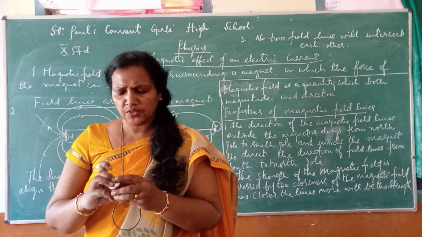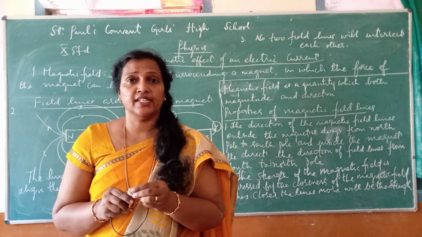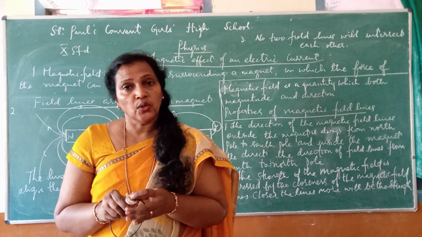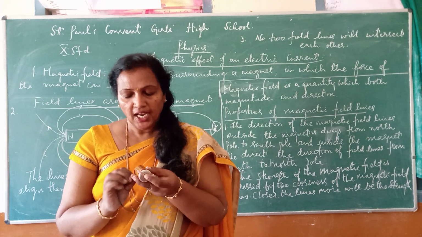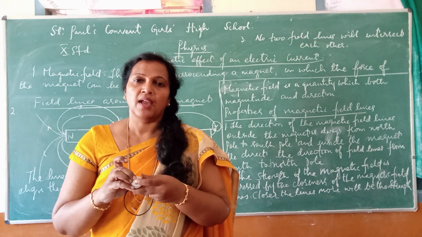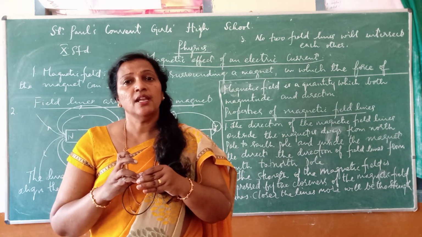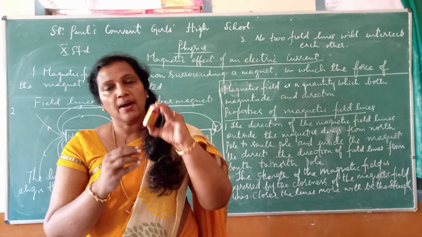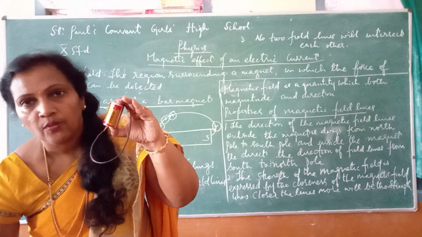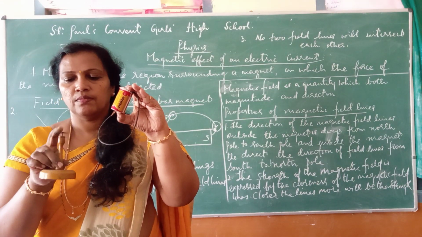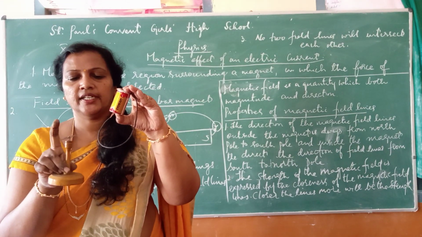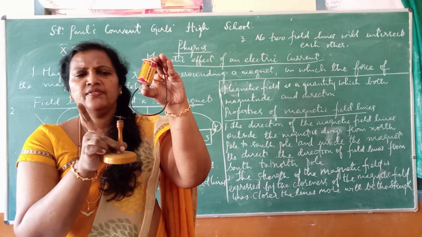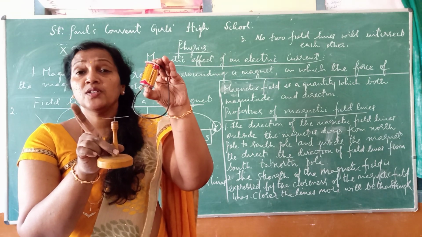This experiment was first observed by Oersted in the year 1820. Oersted showed there is a relationship between electricity and magnetism, and this effect he called the magnetic effect of an electric current when electric current is passed through a conductor. You can see this is deflecting, correct? Because of what?